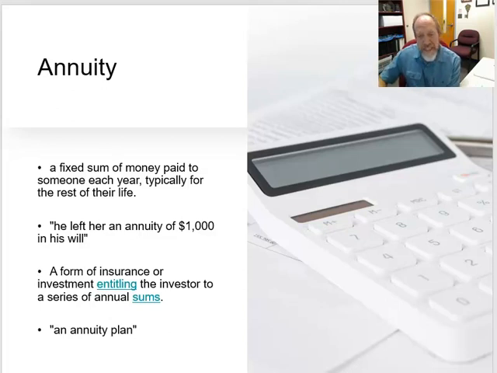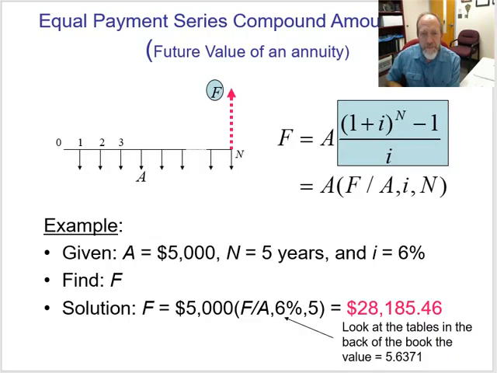Now, let's take this and put it together into an equation. So, if you are looking at the value of a payment series that's paid on a regular basis, once a month, once a year, again, the equation is right here.